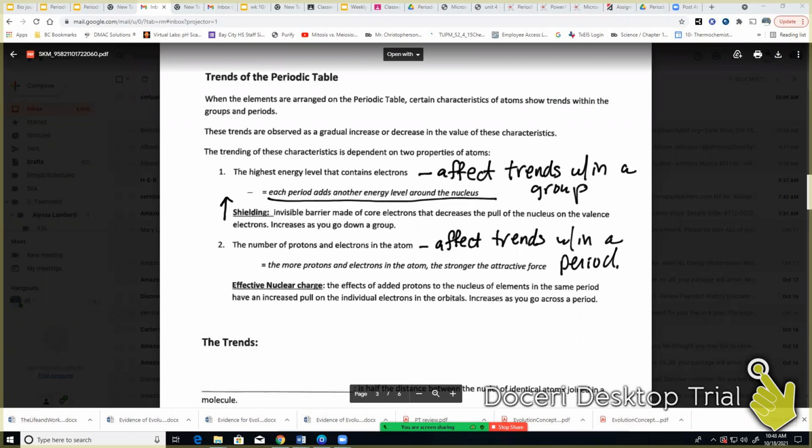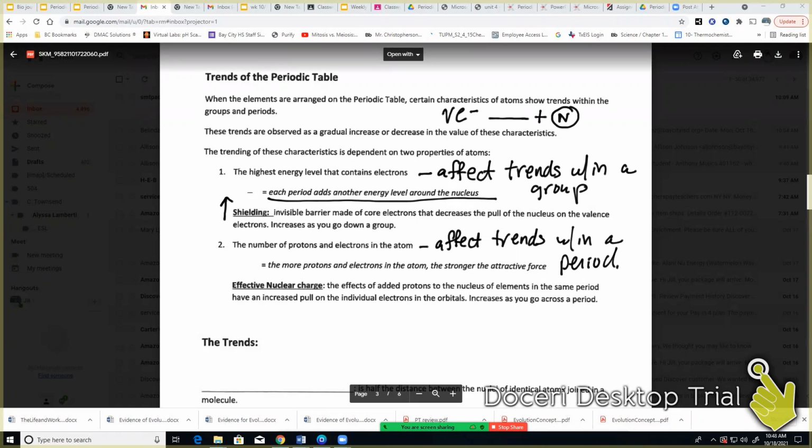And the only thing that is holding a valence electron, that's not just causing it to fly off in space, is the positive pull of the nucleus. So you have your nucleus that's positive, your electrons that are negative.